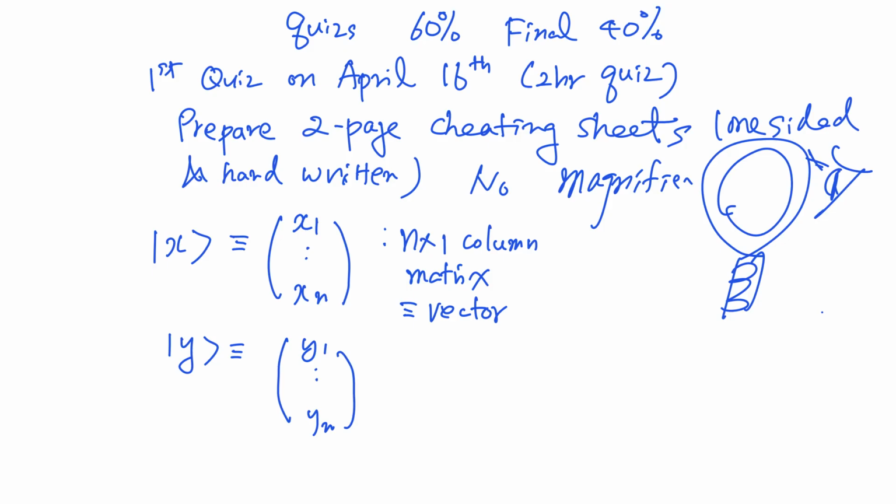So the first letter is the number of rows and the second letter is the number of columns. So a column matrix or vector, sometimes called a ket vector, or simply a ket.